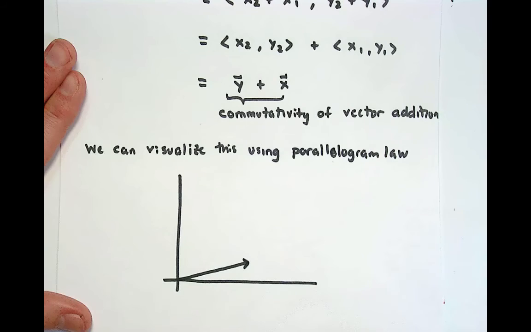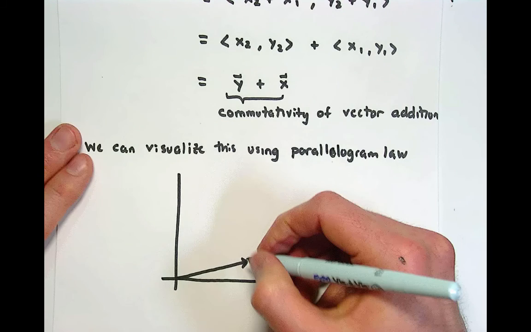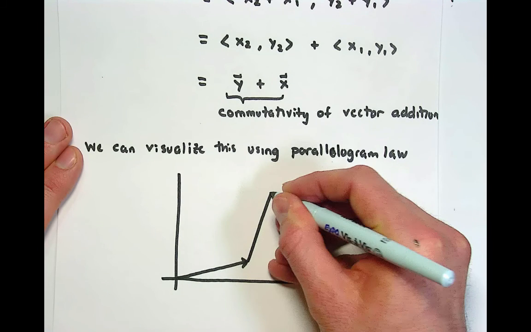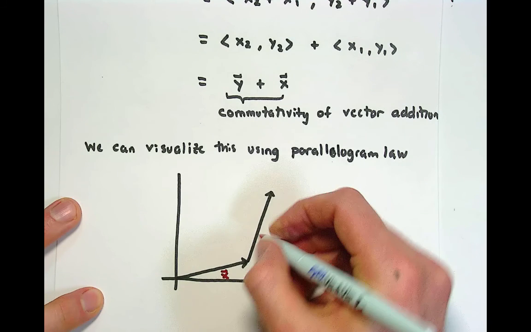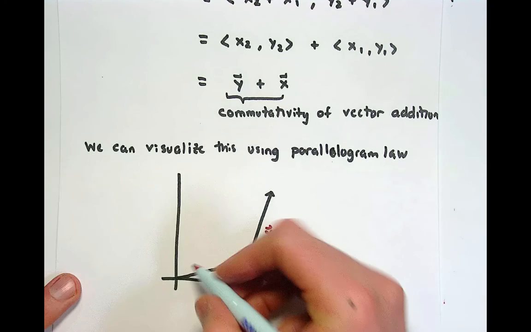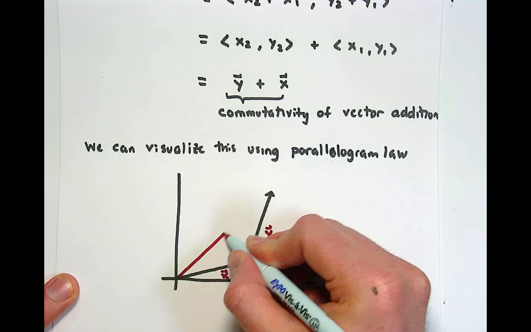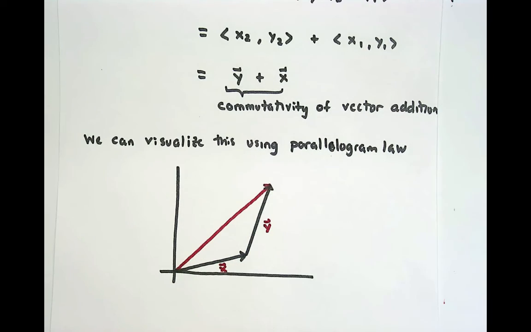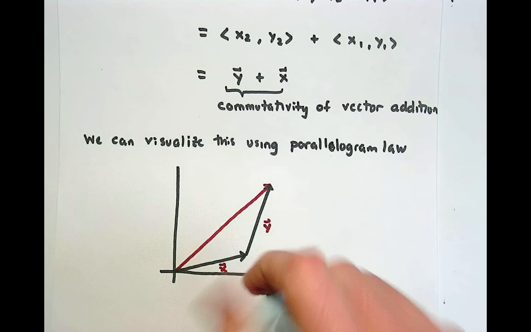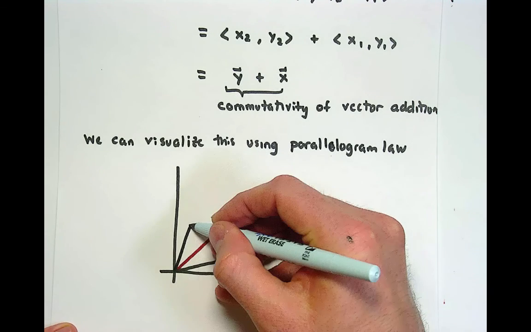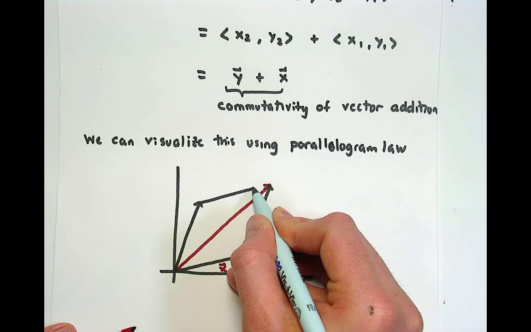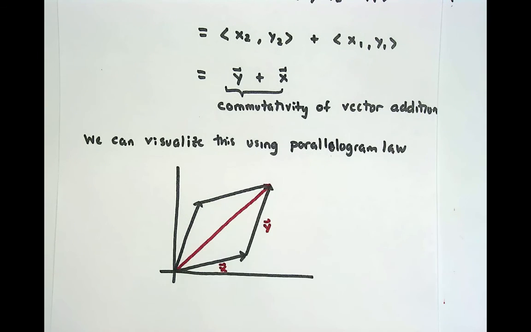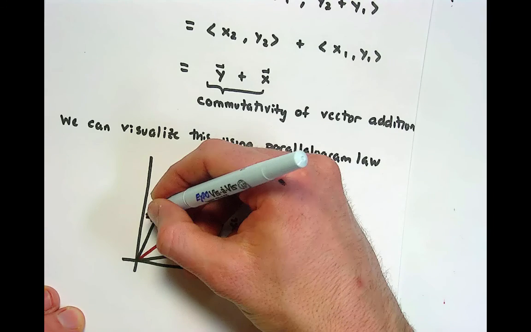Okay, I can go along x first, then go along y, to get the sum x plus y, or I can go along y first, then go along x, and I still get the sum y plus x.